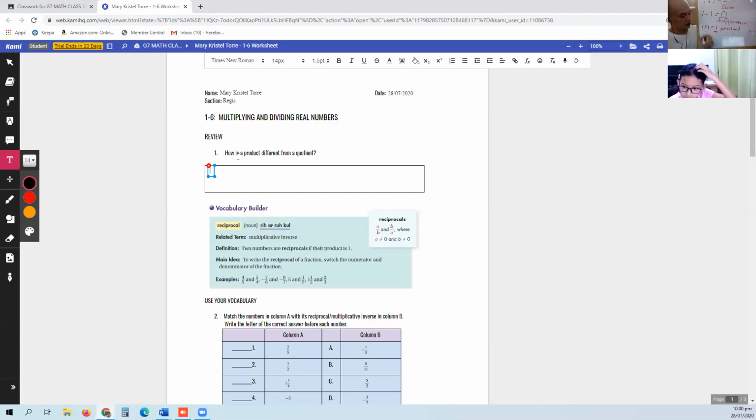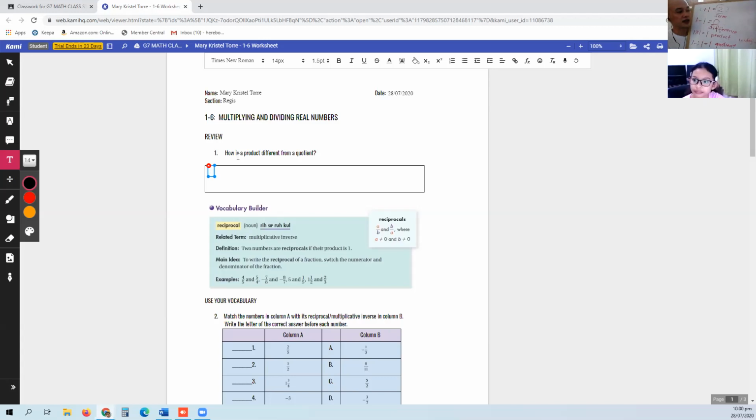Now, if you have 1 divided by 1, I'm just using very simple numbers so that it will be easier. 1 divided by 1 is 1. Then that is what we call quotient. Okay? You get it, Christelle?